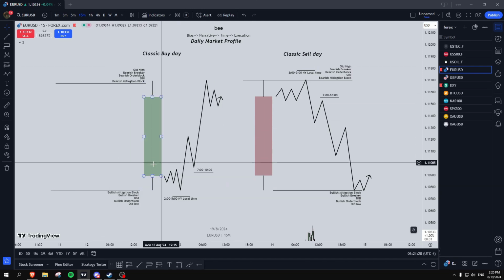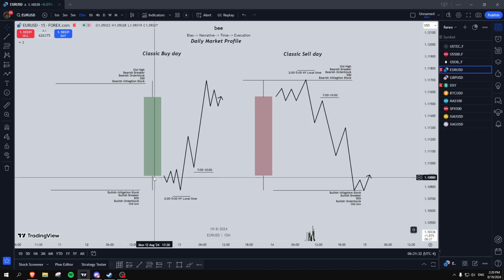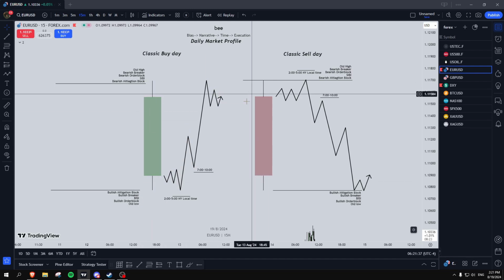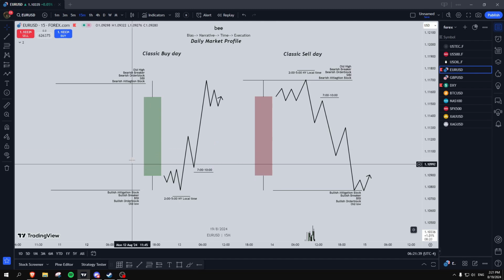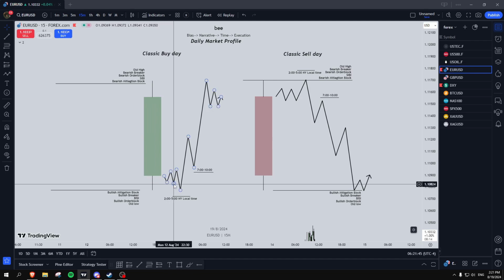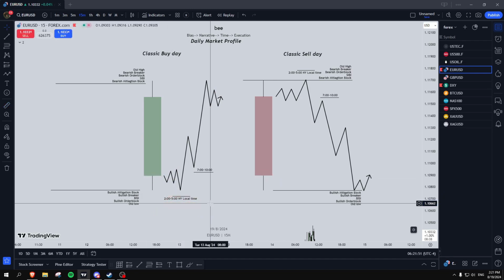So what we're looking for here is, when the market opens on a daily, these candles are daily candles. So what do we expect? We expect a daily candle to open somewhere. When it opens, I expect price to accumulate around the open, and I'm waiting for London to manipulate the low.